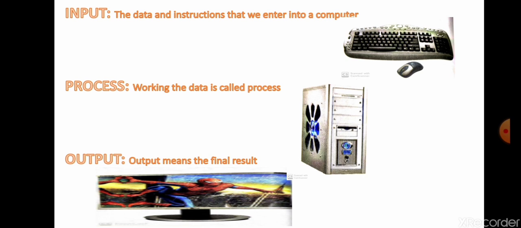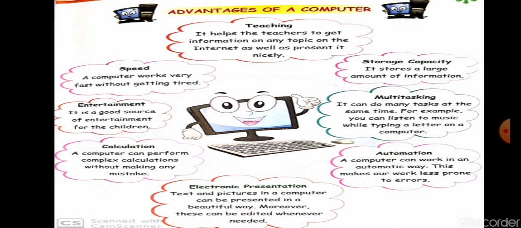Working on the data is called processing. The CPU works on the data and does all thinking and calculation. Now output, we get the final result, that is output, and we get the output with the help of monitor and printer. Whatever is displayed on the monitor is output.